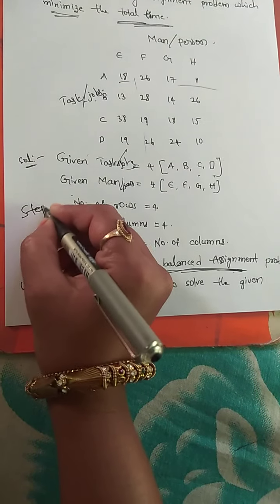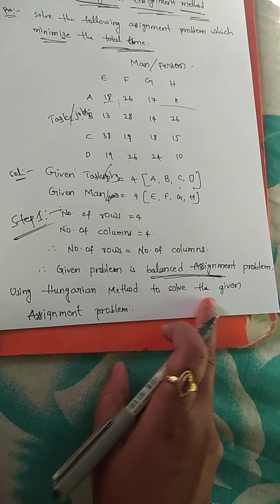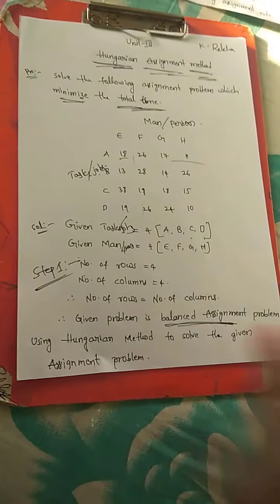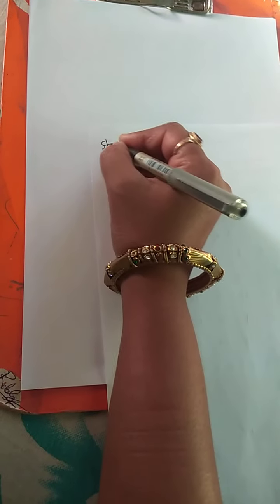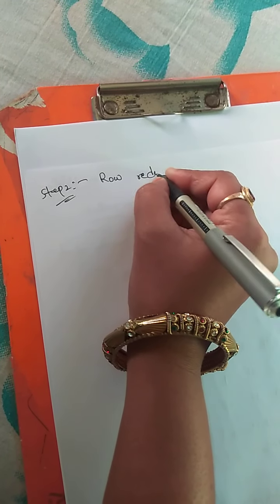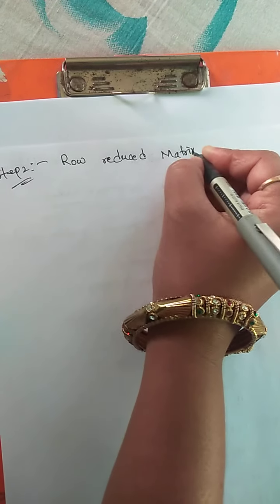Next, this is step 1, using the Hungarian method to solve the given assignment problem. Next step is step 2, the row reduced matrix.